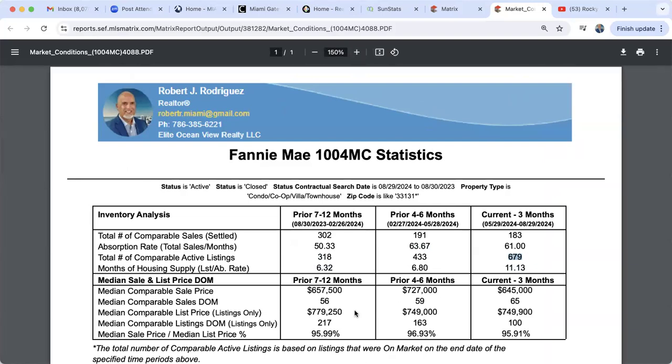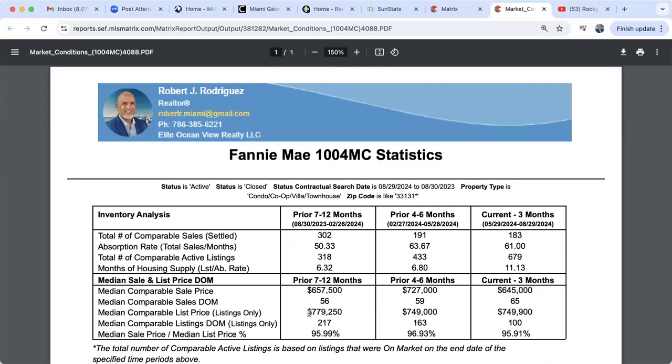Take a look. 657 up to 727, now down to 645. So condo prices are reflecting a buyer's market. What happens in a buyer's market, right? The sellers need to be creative with their prices. And of course, prices are going to fall, right?